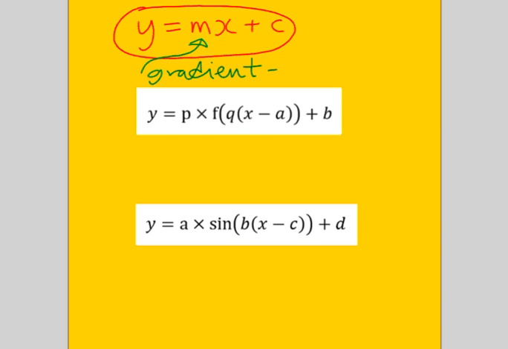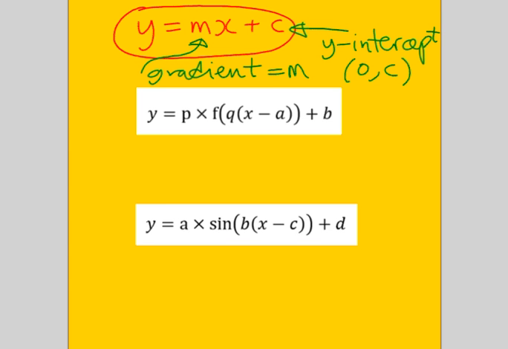In fact, it equals the gradient. And c is a parameter which affects the y-intercept, 0, c. We all know that. Those are parameters. x and y are variables, m and c are parameters.